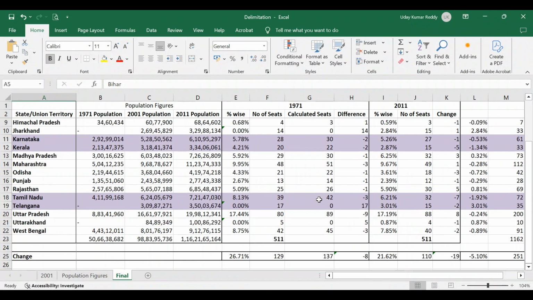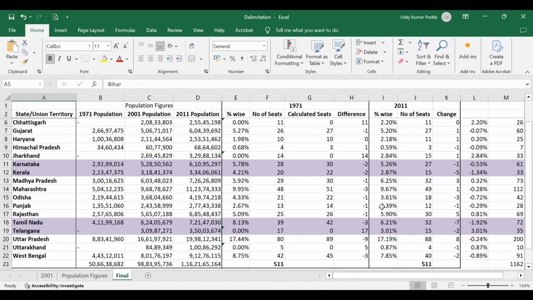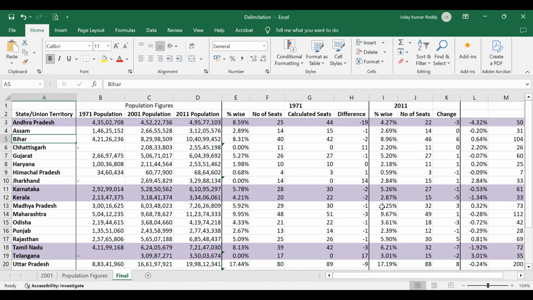On an estimate basis, the southern states might be losing on average 5% seat share in the Lok Sabha based on the 2011 population figures available in the public domain. This figure of 5% might increase even further if it is based on the latest census data.